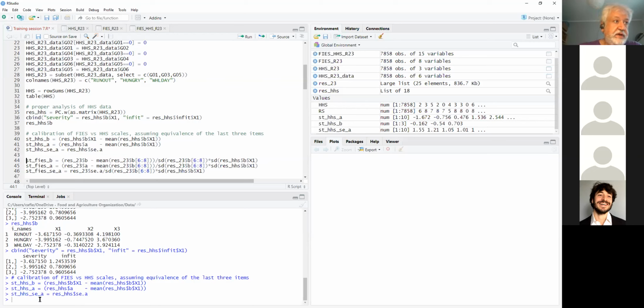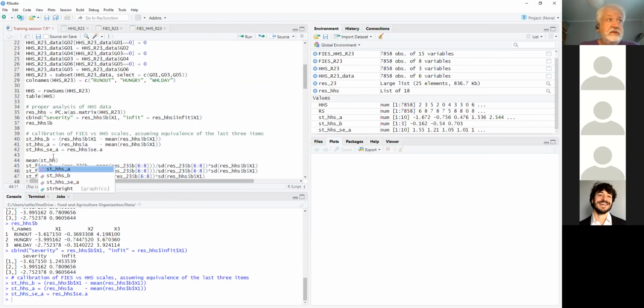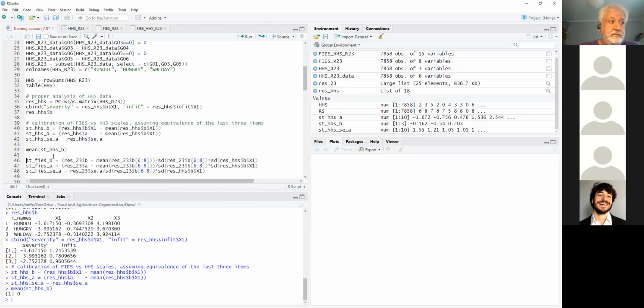So now if I just show the mean of the standardized HHS B parameters, this is 0 because I have shifted all these measures by the average of these three numbers.